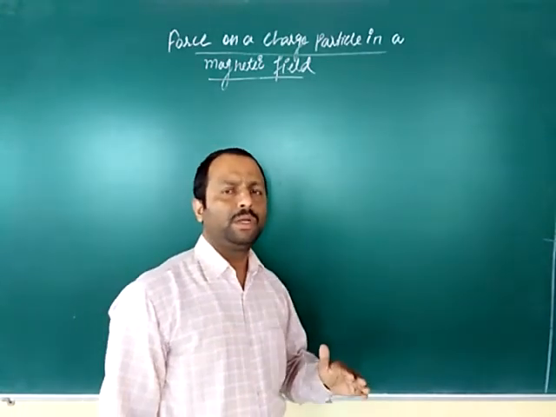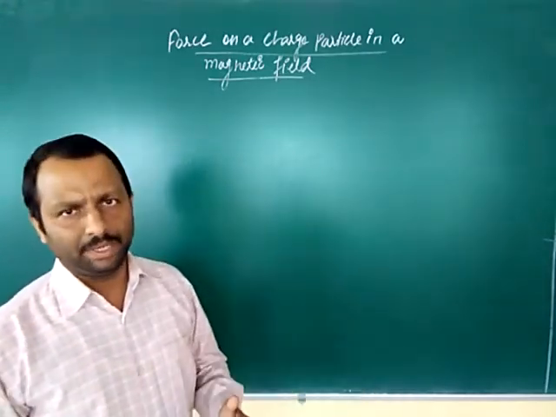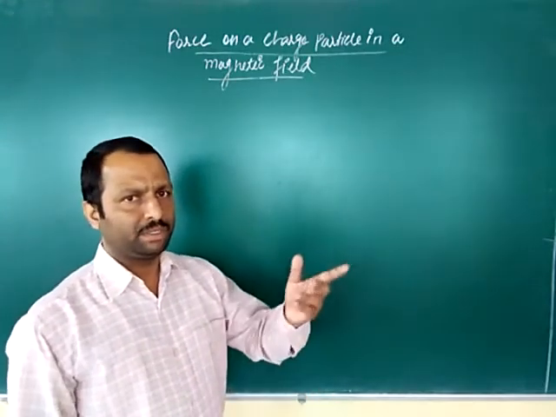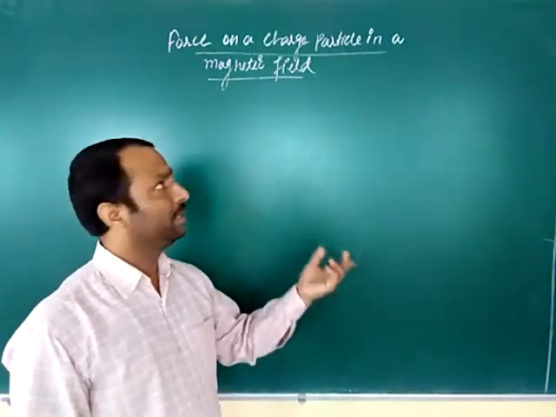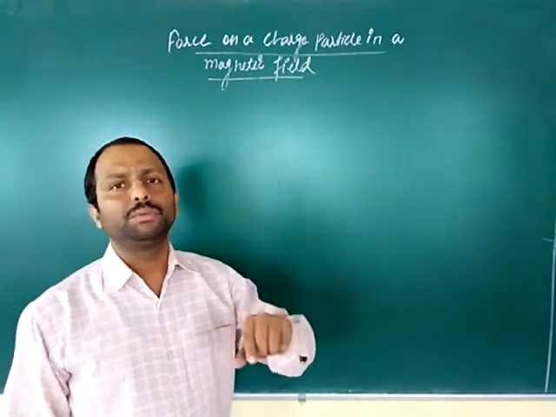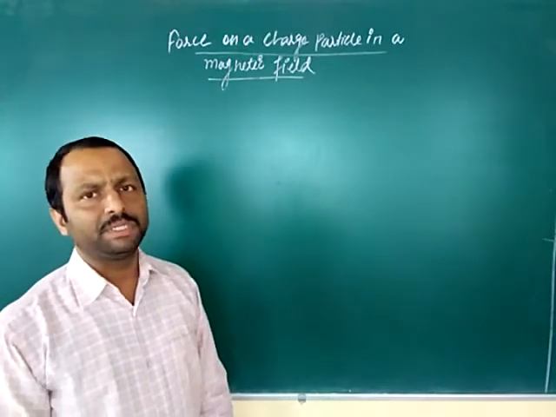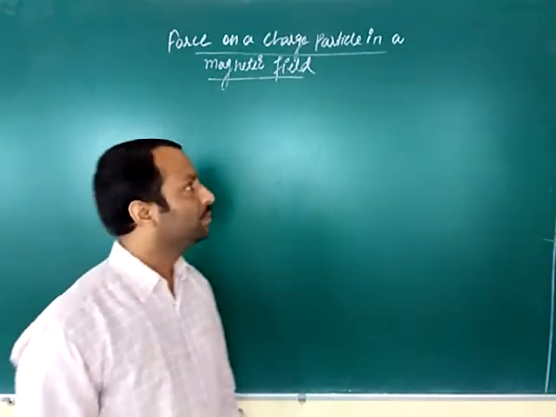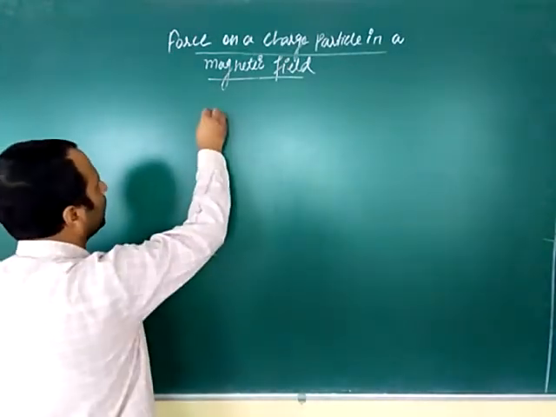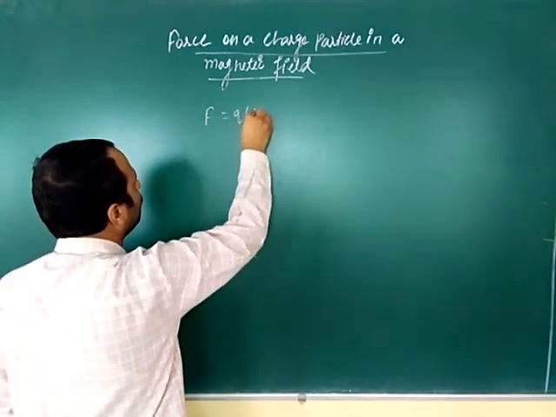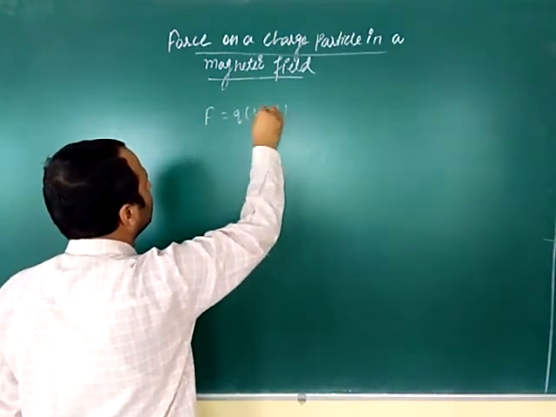Due to the external magnetic field applied and the magnetic field produced by the moving charge, what will happen? The charged particle experiences a force. So we have calculated the expression F is equal to Q V cross B.